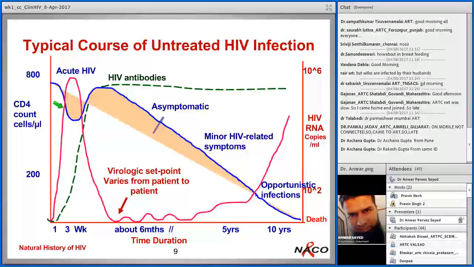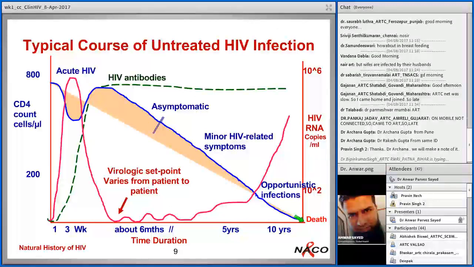Now the second graph is regarding the CD4 or immune cells. There will be an initial drop of CD4 cells, and then it will get stabilized, and ultimately slowly it drops down. Whenever there is a rise of viral load, it will be at the cost of destruction of CD4 cells.